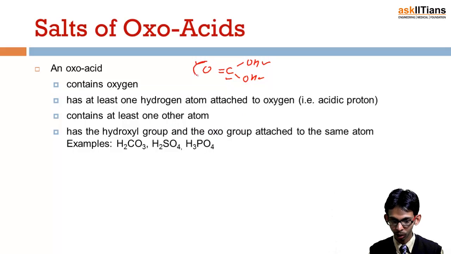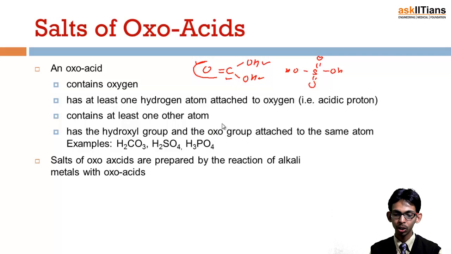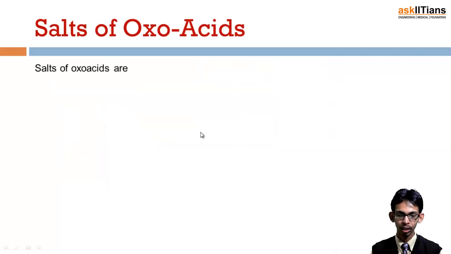Is it so? Yes, this is the oxo group attached to carbon, and these are hydroxyl groups attached to the same carbon. So this is an oxo acid. Similar is the situation with sulfuric acid, which has this structure, which satisfies all the criteria. And so is H3PO4.